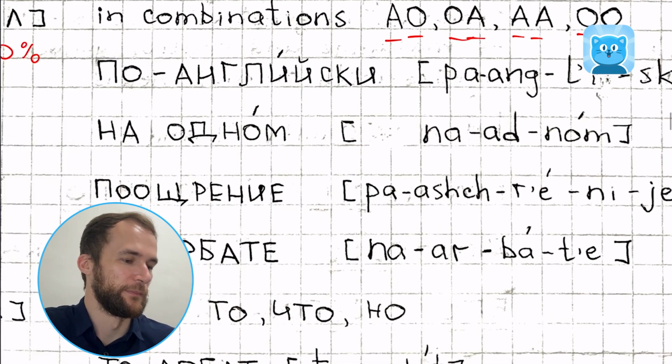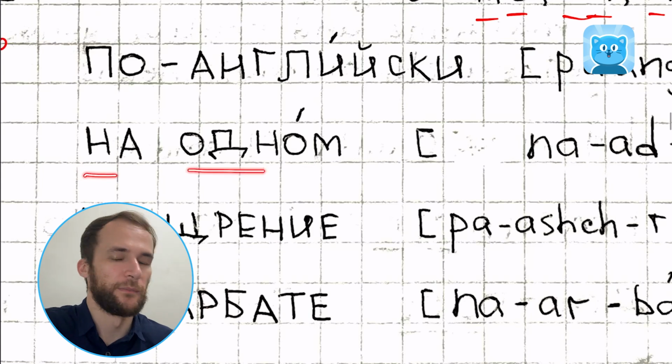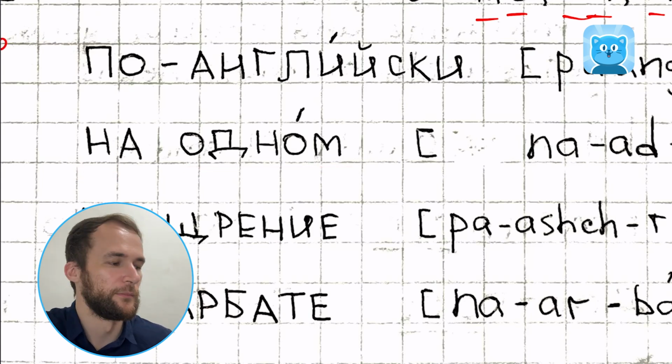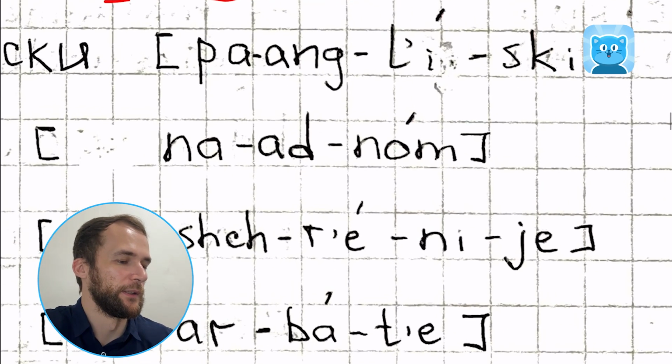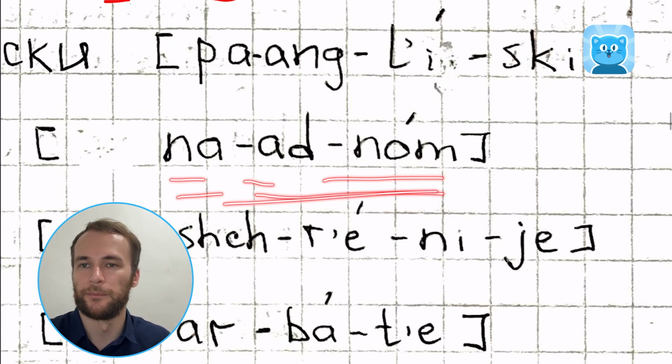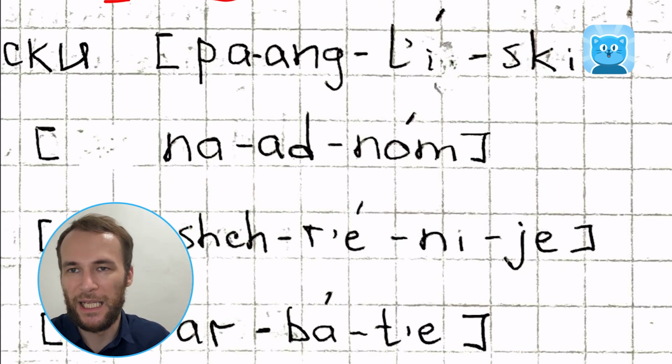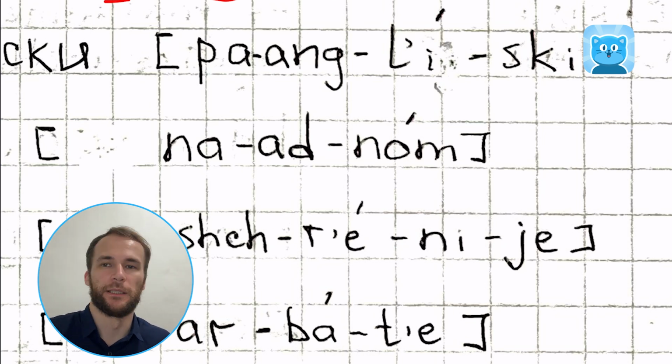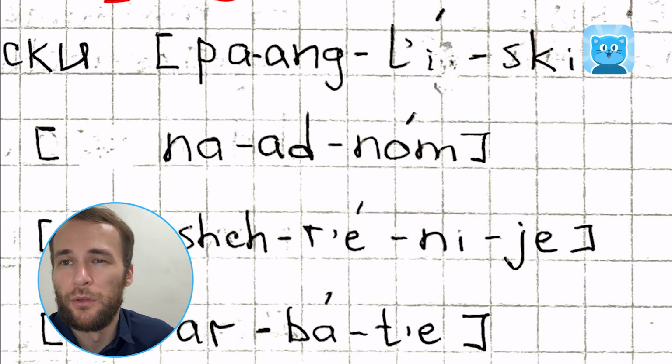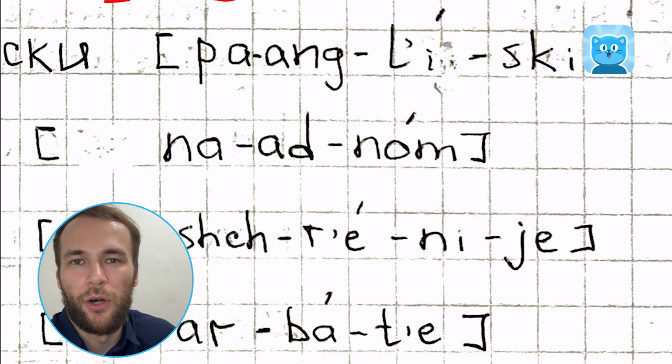Next one, на одном. Not на одном, but на одном, on one. That's how it's translated, on one.